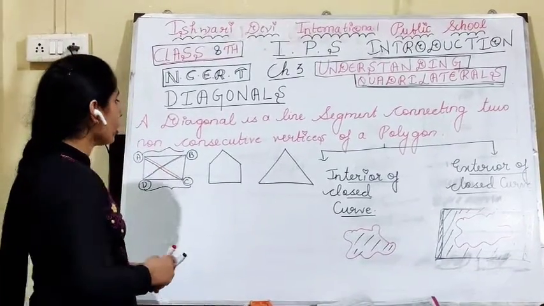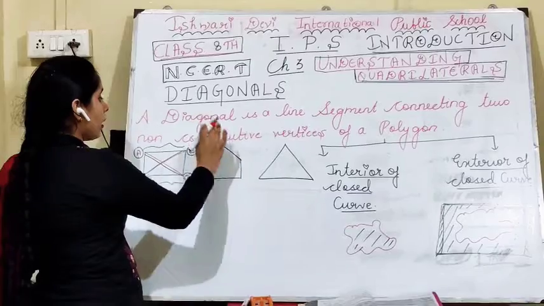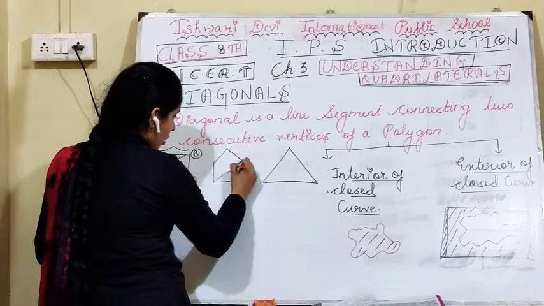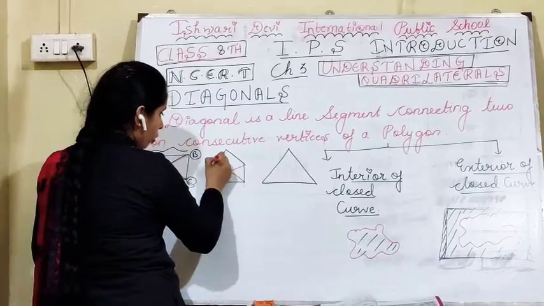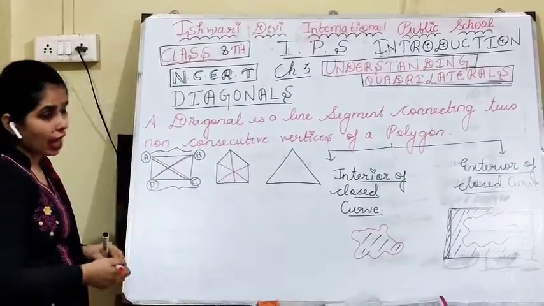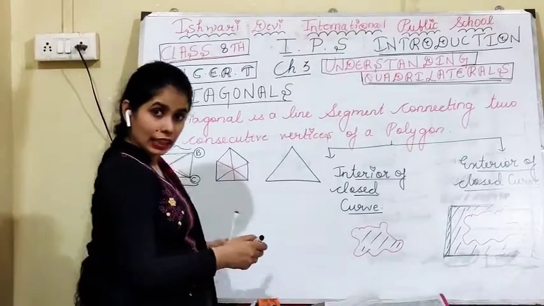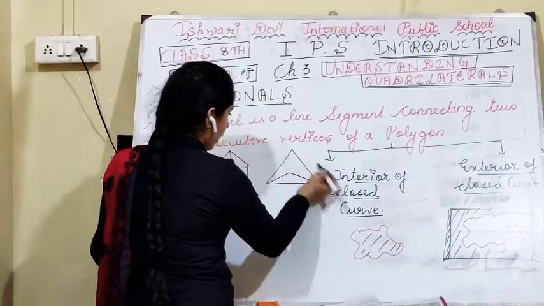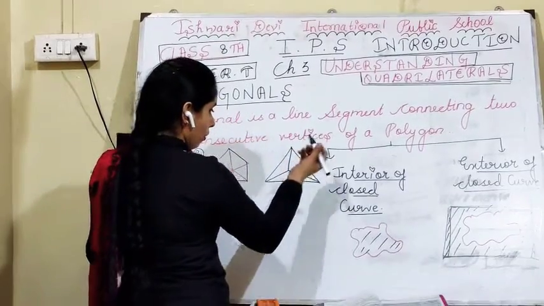Now we come to the diagonals of the pentagon. What will be the diagonals of a pentagon? So it is non-consecutive, non-consecutive and non-consecutive, right? Now we come to the triangle's non-consecutives. So the non-consecutive of a triangle is this, right?